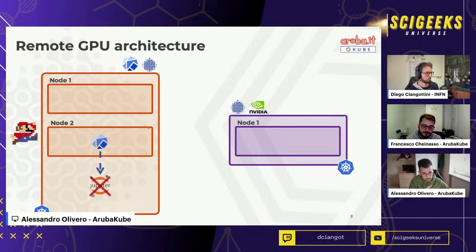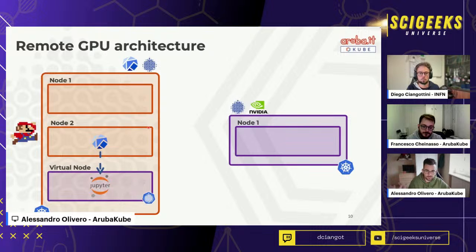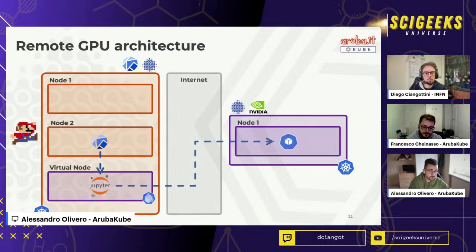So what we will do in the demo with Liqo, with Virtual Kubelet, is to create a virtual node on the consumer cluster in order to have new GPUs available for this cluster, making this Jupyter notebook pod schedulable and running on this node.